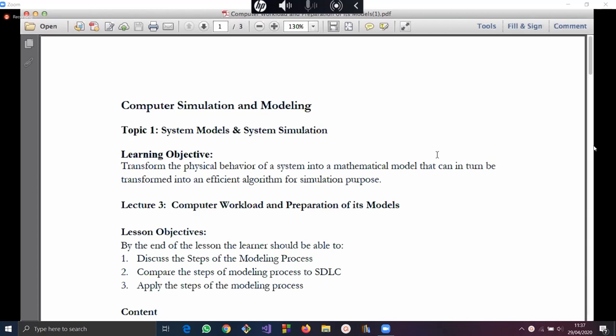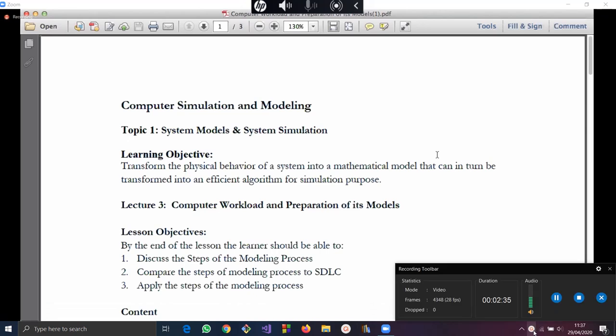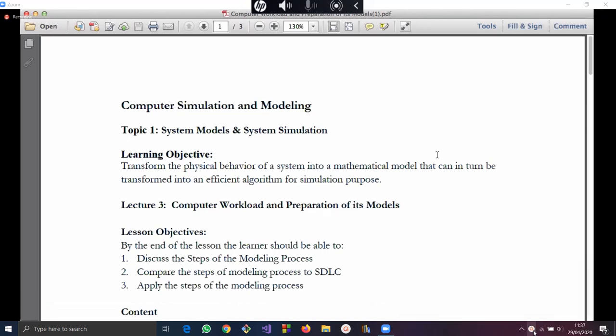Today I'm going to upload a diagrammatic illustration of that just before the end of today's class, so that we are able to see in a pictorial manner what we are calling the categorization of models.